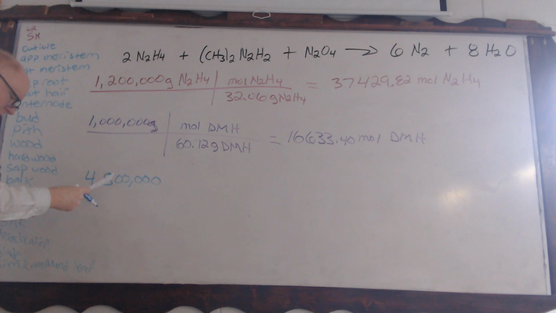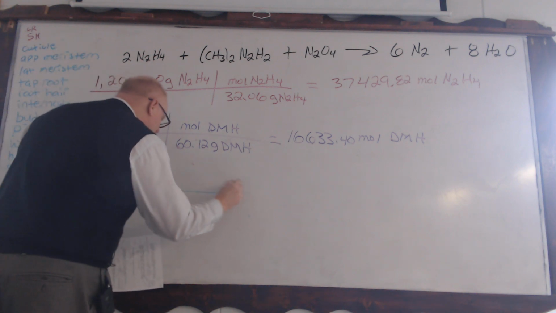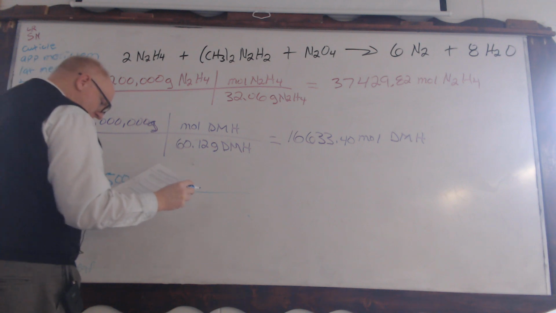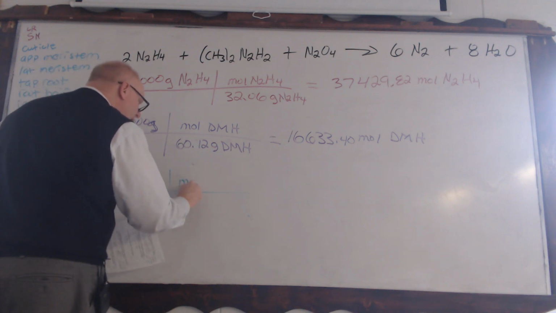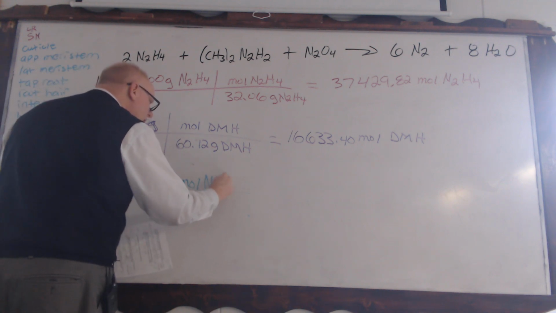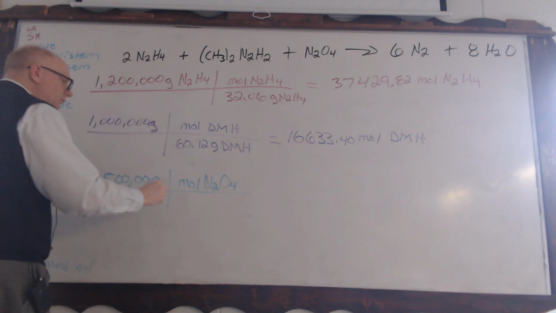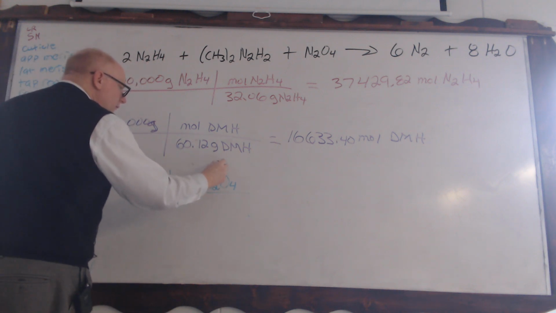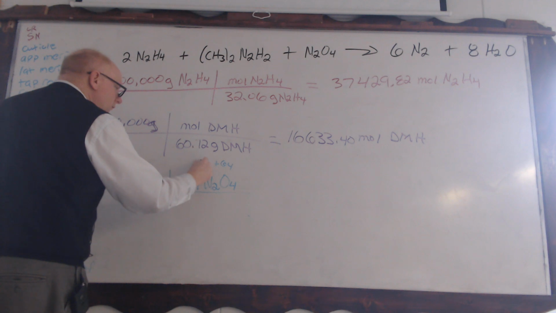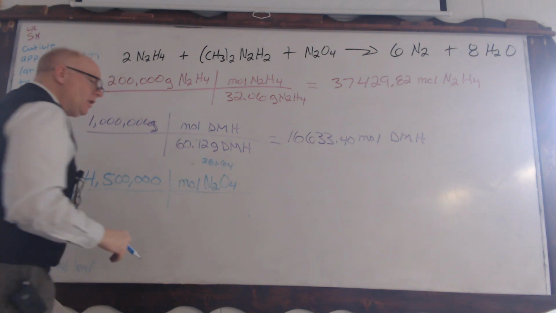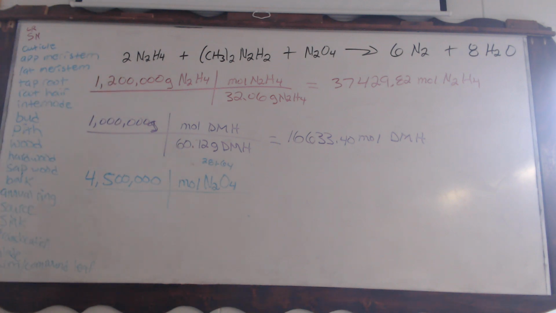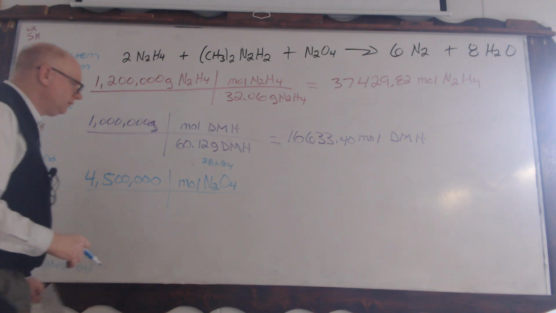Okay. And then, what is the atomic mass of N2O4? Somewhere there about 68 plus, or excuse me, 64 plus 28.